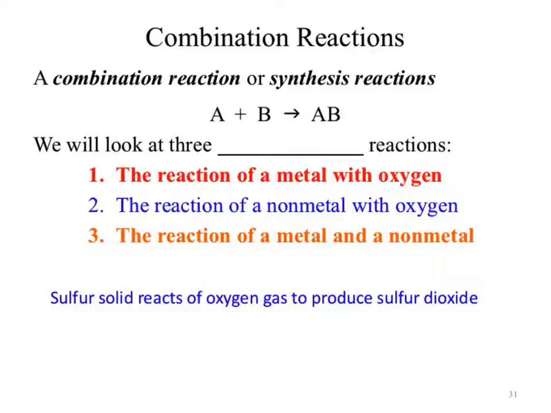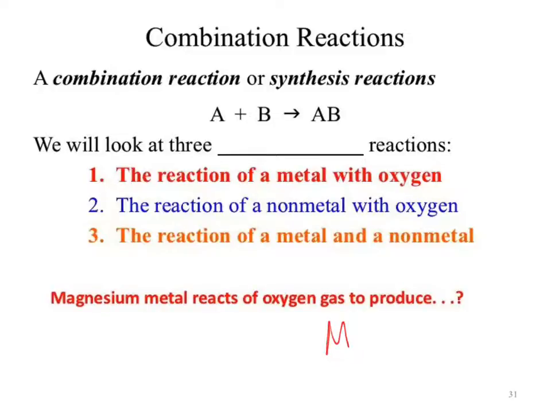Why in the red one were you being asked to predict the product? What is the identity of the product? It's magnesium with oxygen. Why are you being asked to predict that product? It's an ionic compound.